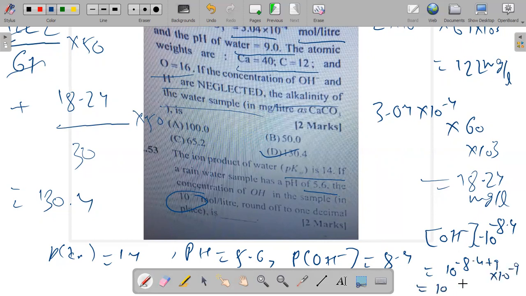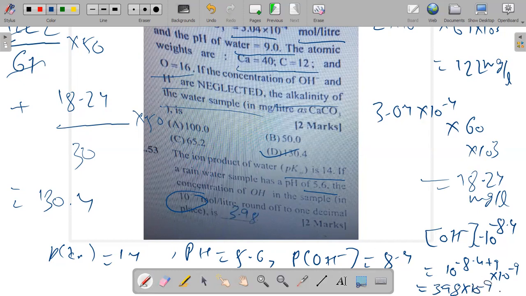So it is about 3.98 into 10 to power minus 9.